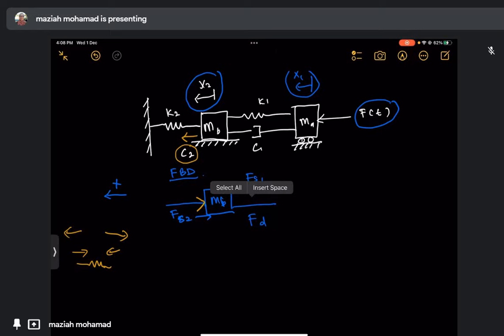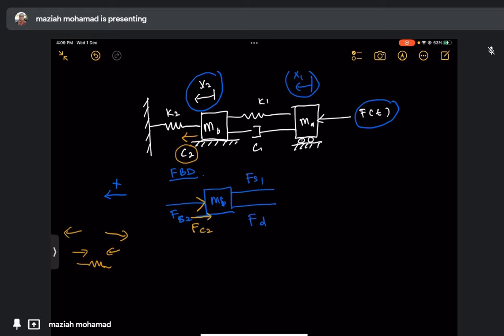So we're going to consider C2 as another damping element. So again, the force from C2 or damper number 2 will be opposing the direction of the displacement.